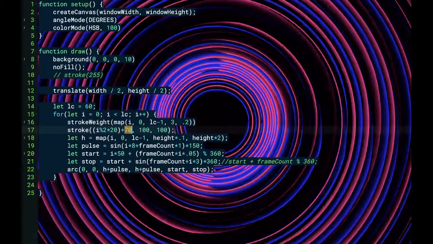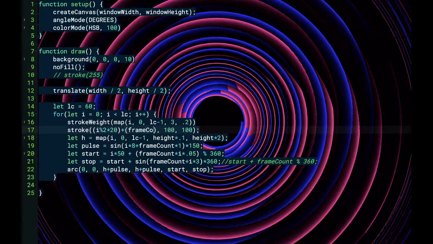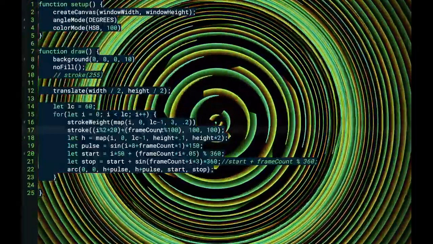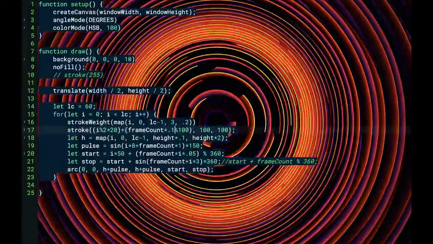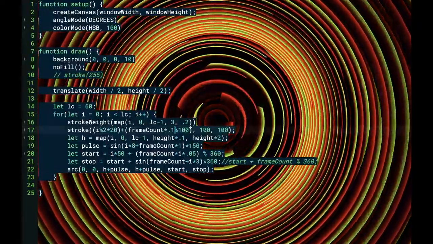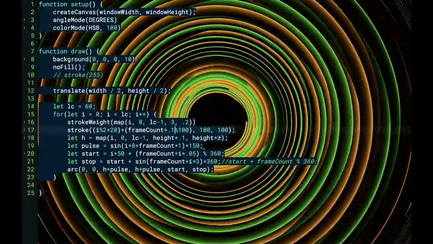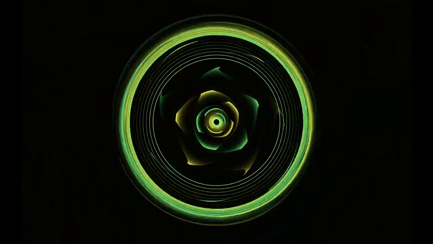And I think here we can do something like a frame count modulo 100. Oh, which goes way too fast. Times 0.1. And change some of these other numbers.